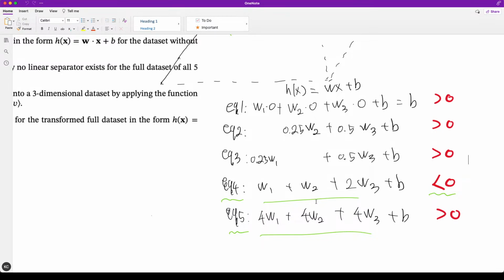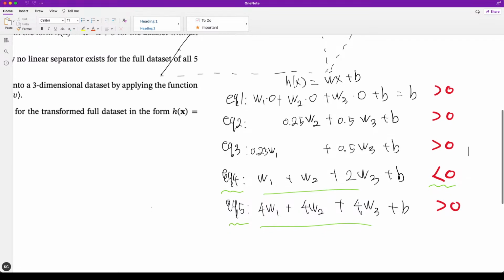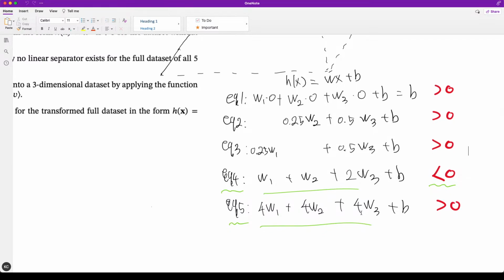So we can think about which W makes this situation. I would say W3, because the coefficient of W3 is 2 times greater than W1 and W2 in equation 4.